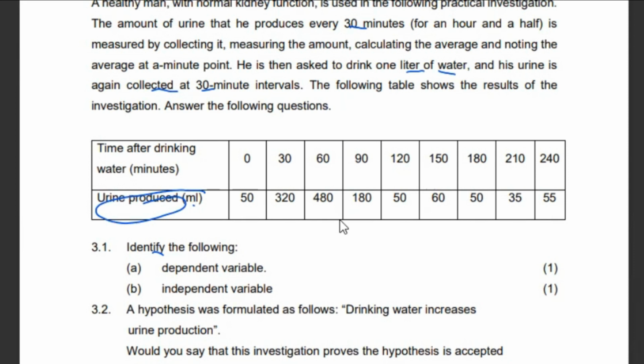The urine depends on time. Therefore, time is independent and urine production is dependent. As I told you, ID: independent variable, dependent variable. If we are to plot, it's XY, meaning independent on the x-axis, dependent on the y-axis. Simple.